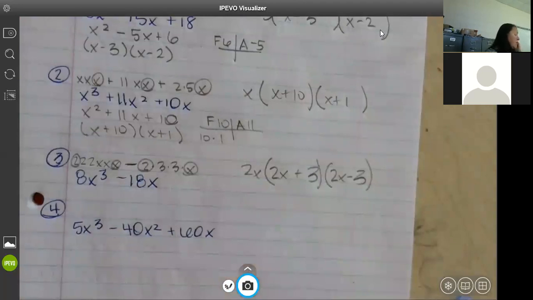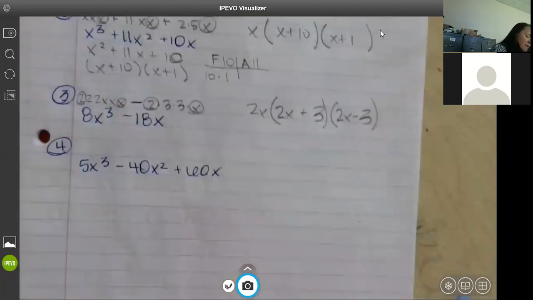Guys, they don't get any harder in this unless they have a slide and divide, and we're going to get to one of those in a minute. All of them in this column will not slide and divide. You'll pull out the GCF and do the cheater method. The other column will have some slide and divide. So this will be the last one that we do in this column, and then I'll work some of the ones in the other column.